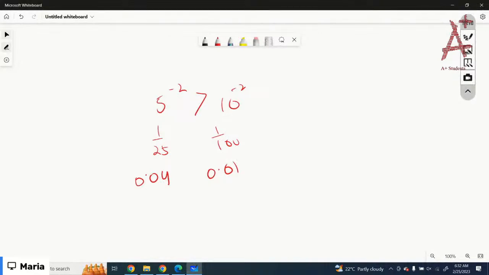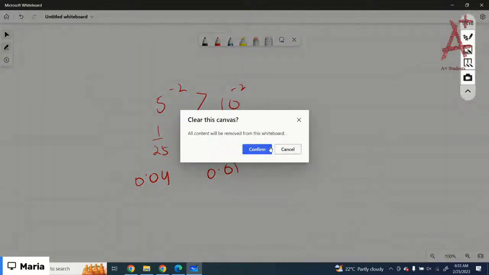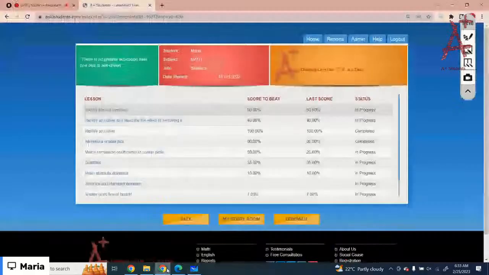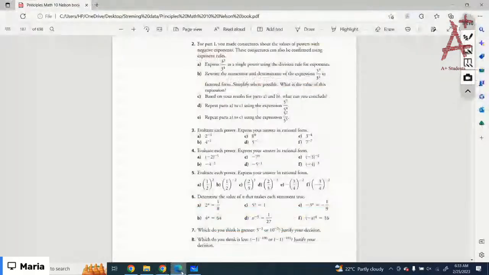Okay, the next one is, what do you think, negative 1 exponent negative 100 or negative 1 exponent negative 101?